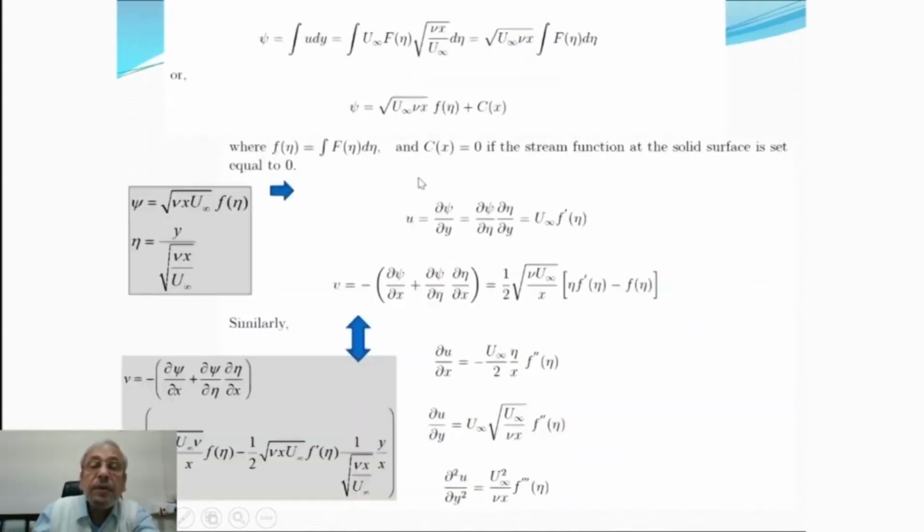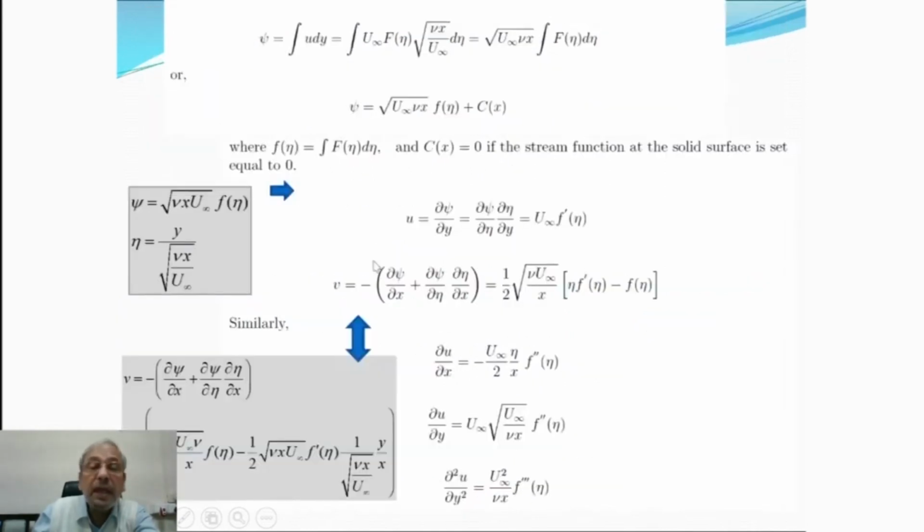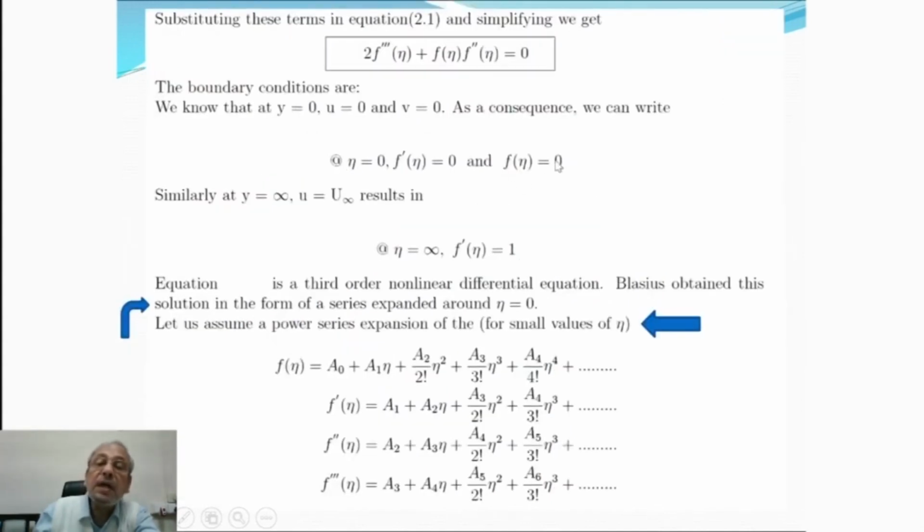This is just to be brief; in some places I have written it with the at the rate symbol, but it means at eta equal to 0. This is simply because at eta equal to 0, u has to be 0, and u infinity cannot be 0, so f prime eta is 0. And then again at eta equal to 0, v equal to 0, so f is 0.